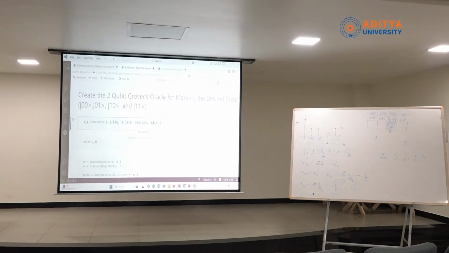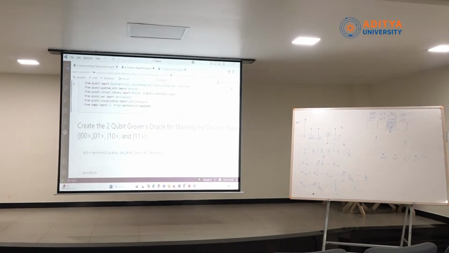Everything would be available with its corresponding probability. What's the probability? 1 by 4, yes or no? 1 by 2 is the amplitude, so the modulus square would be 1 by 4. So 1 by 4 is the probability of the associated amplitudes. So now let's proceed and run one by one.